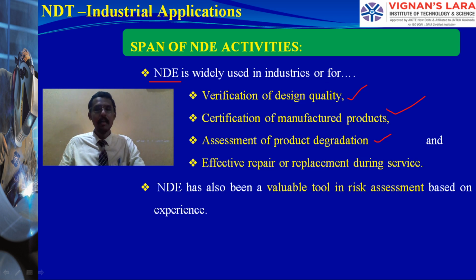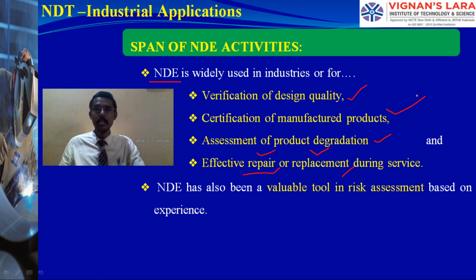Next, effective repair or replacement during service. By doing inspections, if we find discontinuities, we may repair or we may replace during service. Repairing is easy, but replacement consumes more cost.